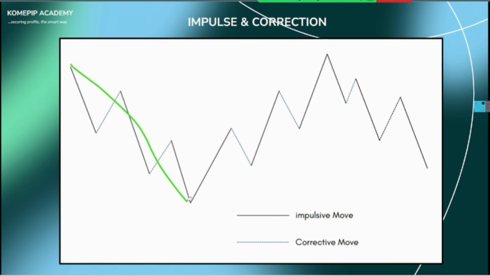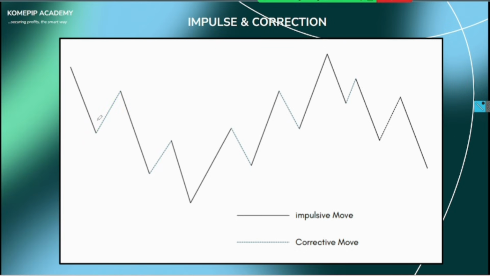So this whole move here is what we call the impulsive move. Okay, for price to move like this, we are bearish, right? The ones that have the solid lines are our impulsive move, and the ones that have the dotted lines are the corrective move.